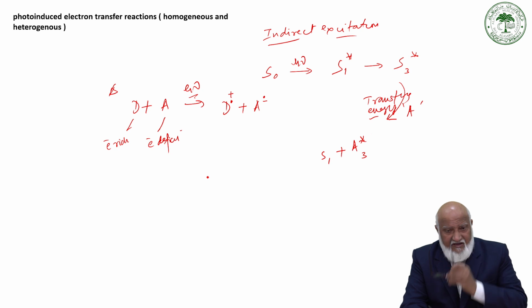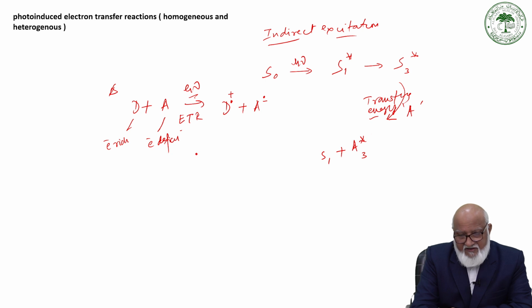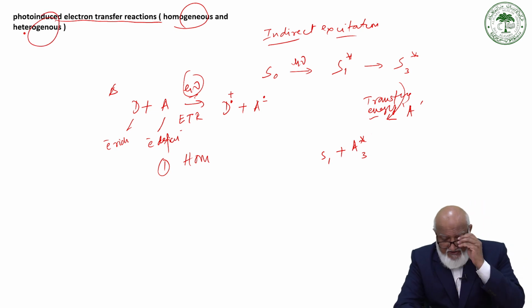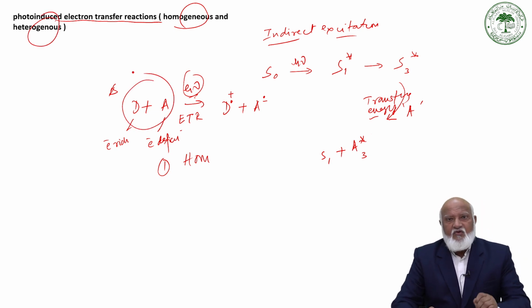So this is an electron transfer reaction, and it is induced by light, so it is called a photoinduced electron transfer reaction. Again, it is of two types: homogeneous and heterogeneous. In the homogeneous electron transfer reaction, the donor and acceptor are both soluble in the medium.